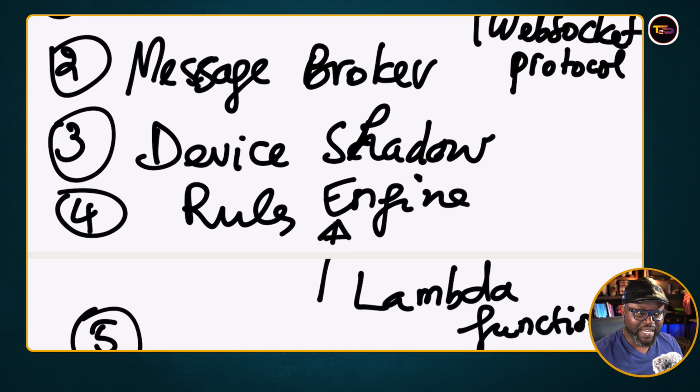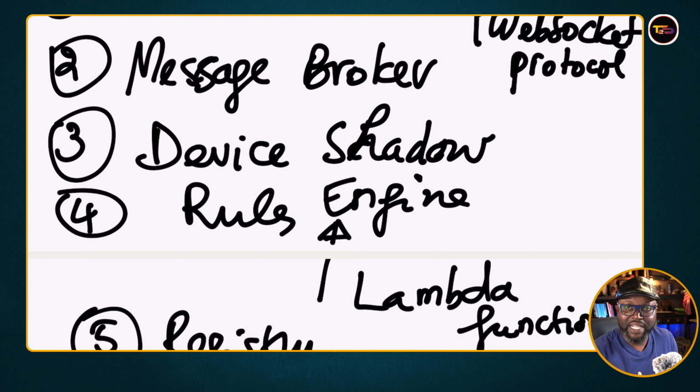And number five, you have the registry. As it sounds, it organizes the resources associated with each device and keeps a searchable index of all your devices connected to AWS IoT.